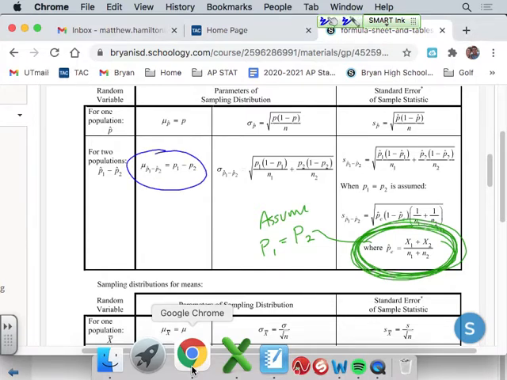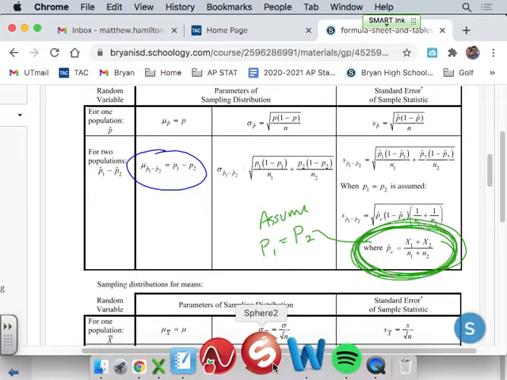So here's the mean. The mean of the sample proportion difference is supposed to equal what we think the true proportion difference is between the two.